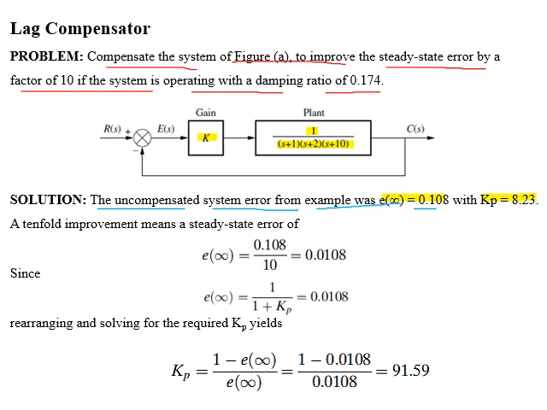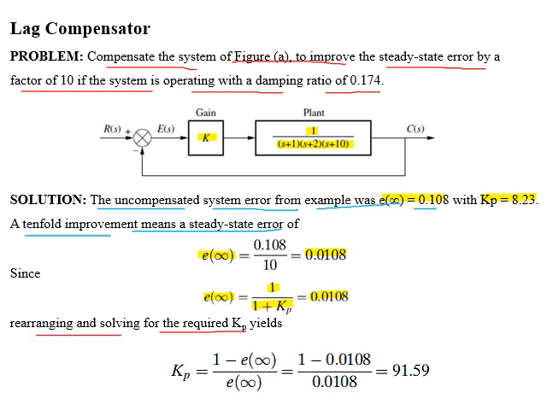Now the example required 10-fold improvement in the steady-state error, so our required steady-state error will be equal to 0.0108, and now corresponding to this error we will find static error position constant value from the relation of steady-state error.